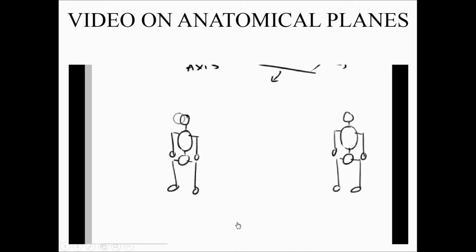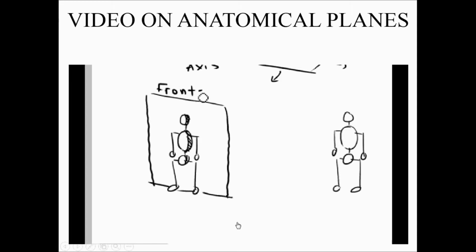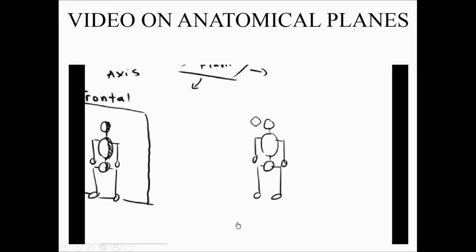Well, we have the frontal plane, which divides the body into an anterior and a posterior part. Then we have the sagittal plane, which divides the body into the left and right part.